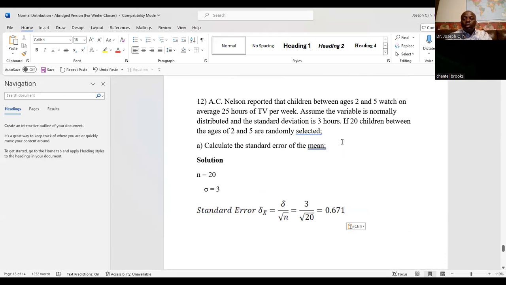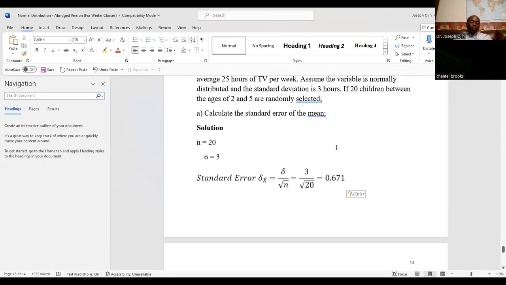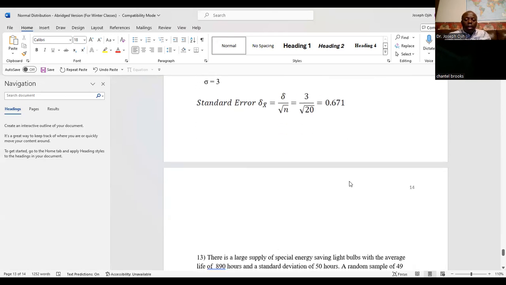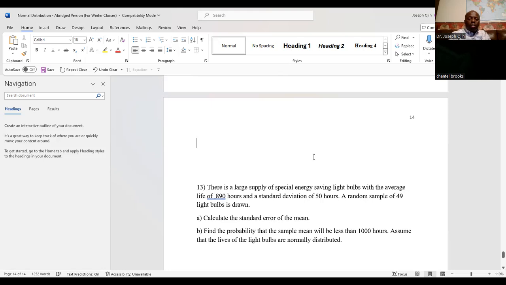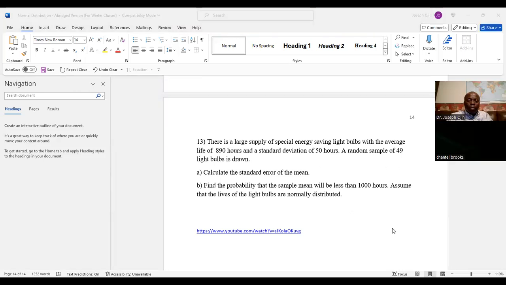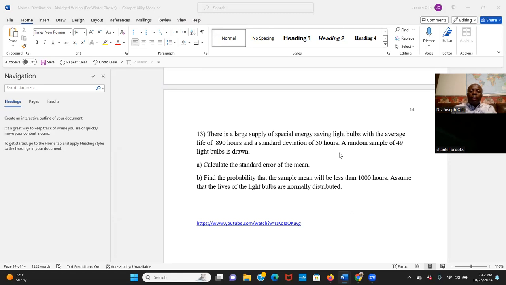Any question on this one? Okay, no question. So now let's look at the application of the central limit theorem. Using one question here. It says there is a large supply of special energy saving light bulbs with an average life of 890 hours and a standard deviation of 50 hours.